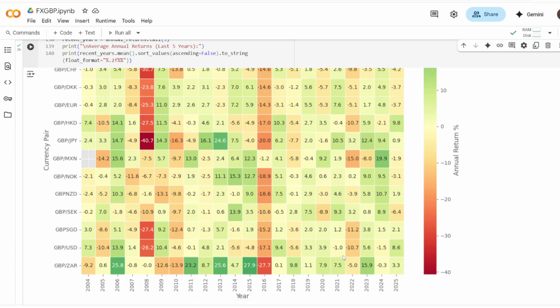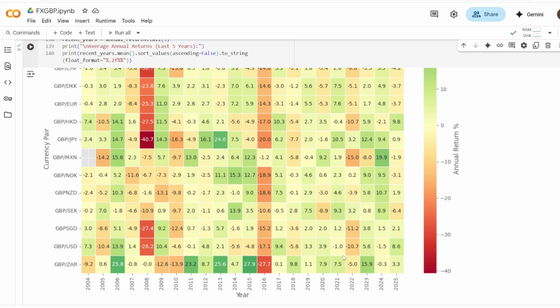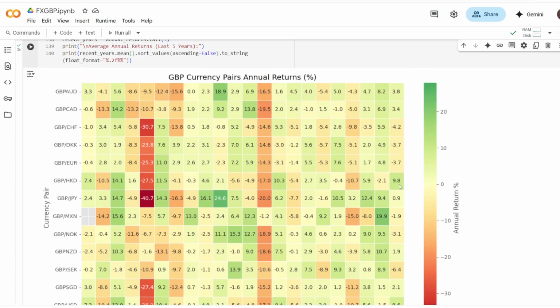We see that we have a theme of depreciating dollar. So the pound is up against the dollar, it's up on the Hong Kong dollar, but when we check the safe haven currencies like the Swiss franc or the Japanese yen, the pound has even depreciated, has lost value.